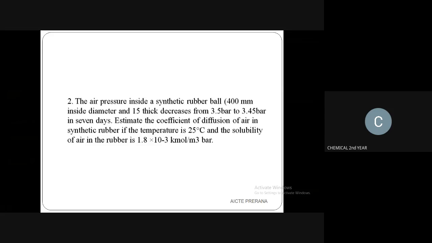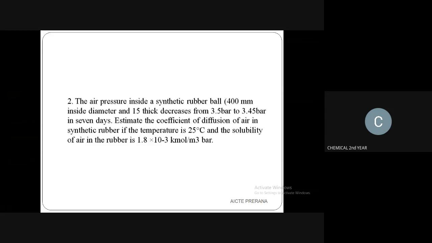Estimate the coefficient of diffusion of air in the synthetic rubber if the temperature is 25 degrees Celsius and the solubility of air in the rubber is 1.8 into 10 to the power minus 3 kilomole per meter cube bar.